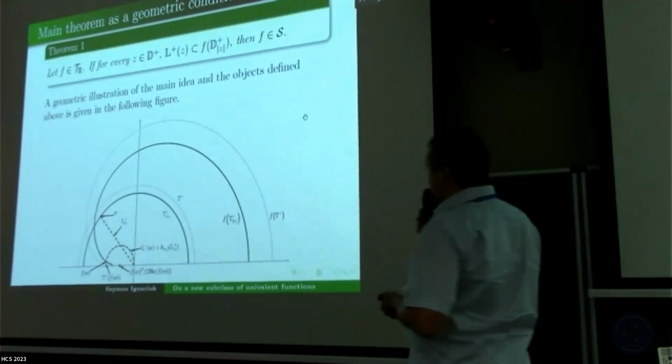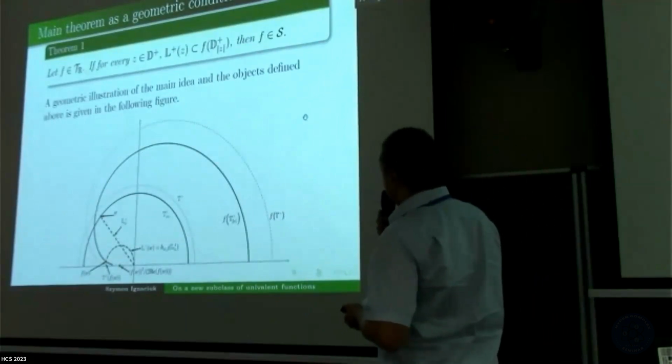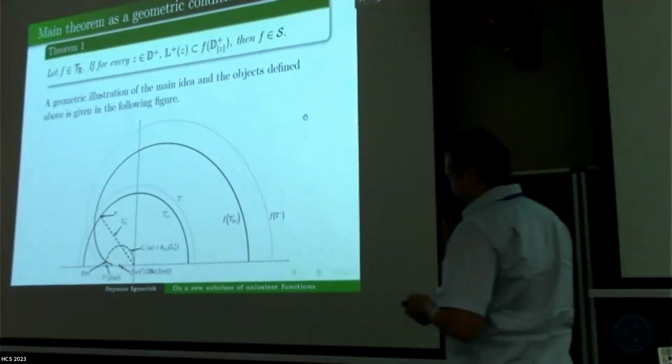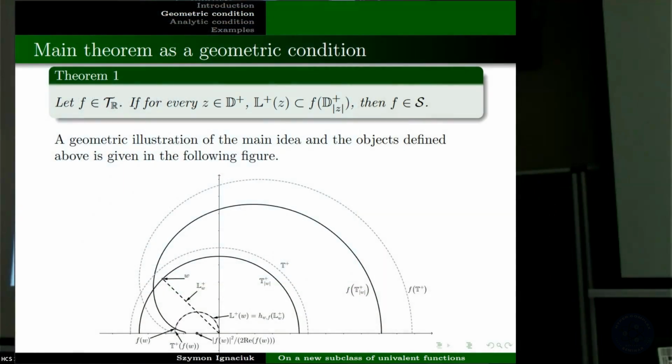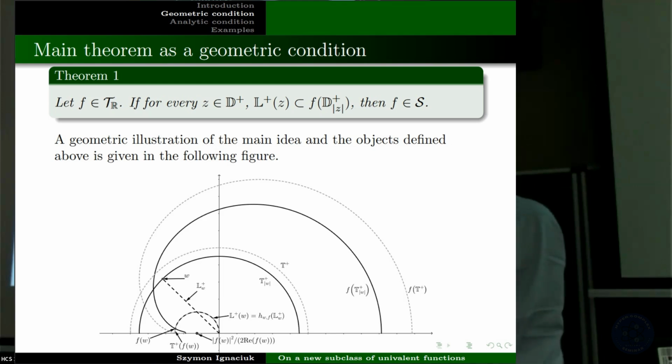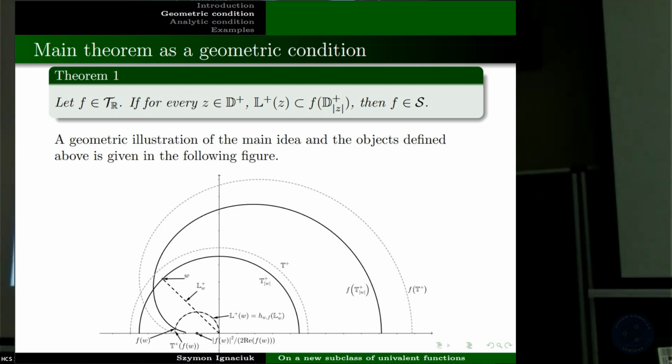So we have this main theorem, Theorem 1, with a geometric condition. If f belonging to TR, and if for every z from the upper semi-unit disk, L plus of z is a subset of f of D plus modulus z, then of course f is univalent.